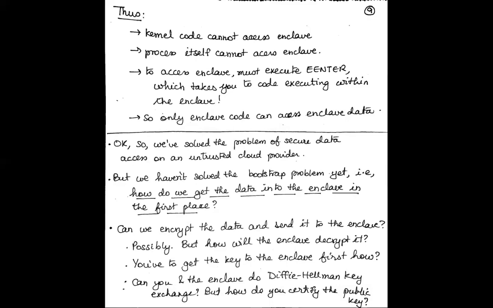Otherwise, you have a man-in-the-middle attack. As long as there is no trusted certifying authority saying that's the key, you can't really engage in a Diffie-Hellman key exchange, because there'll be a man-in-the-middle attack. So you and the enclave can't just engage in a Diffie-Hellman key exchange because the public key of the enclave has not been certified.